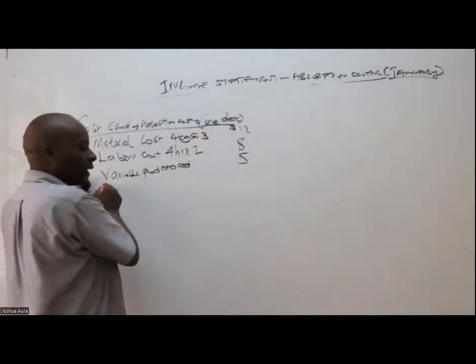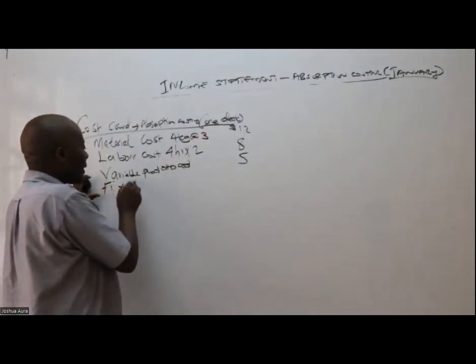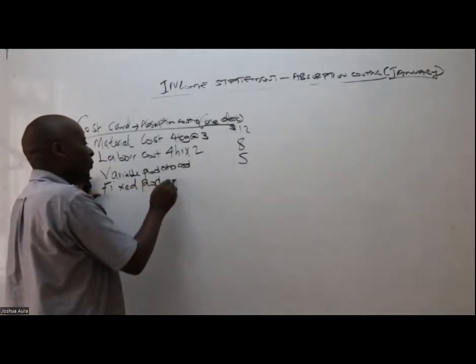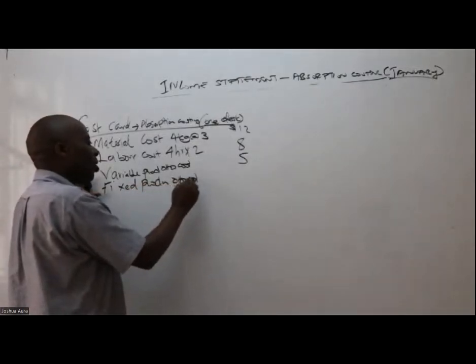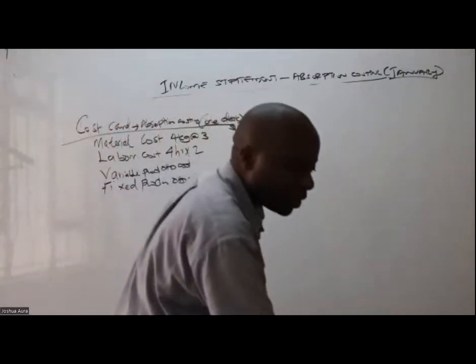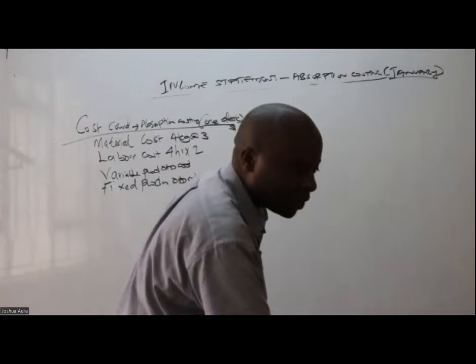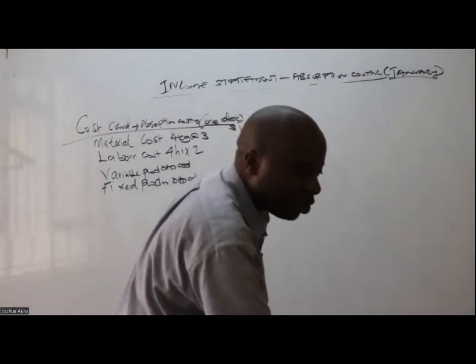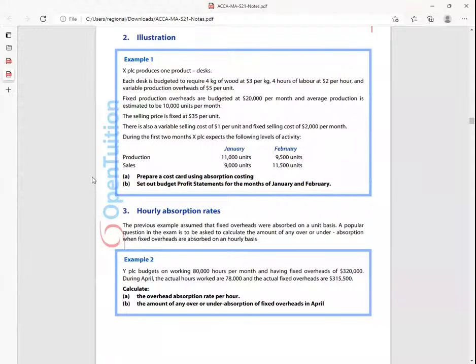And then we have the last one, which is the fixed production overhead cost. What have they told us? Fixed production overhead is 20,000 per month and average production is 10,000.